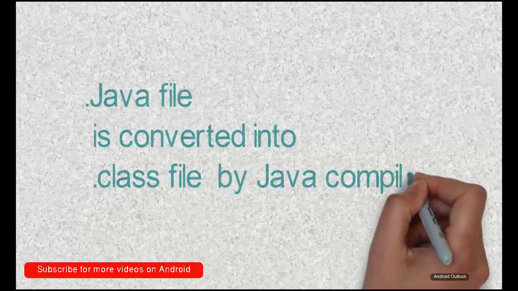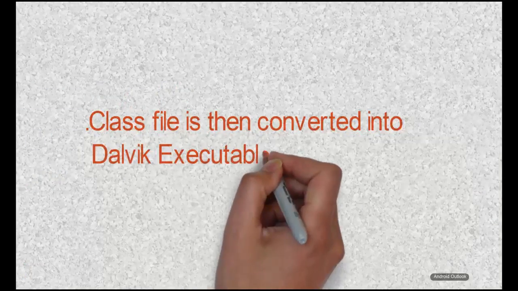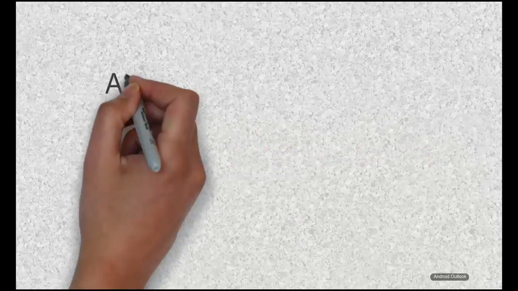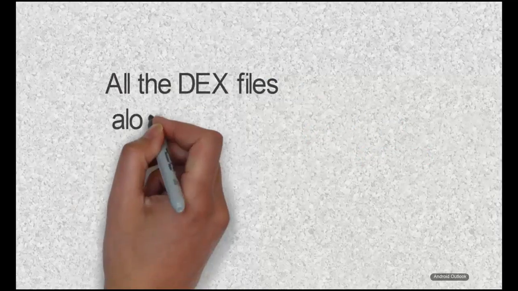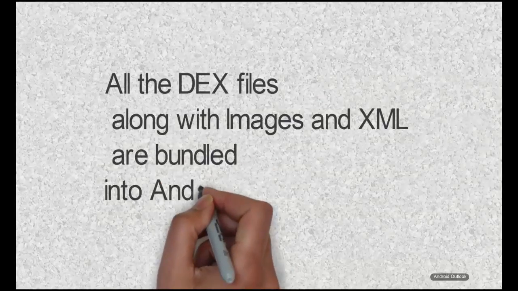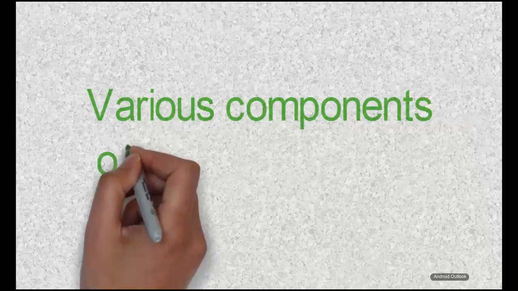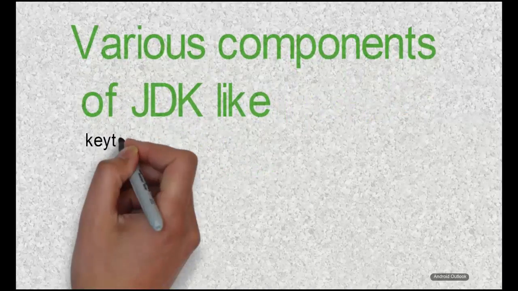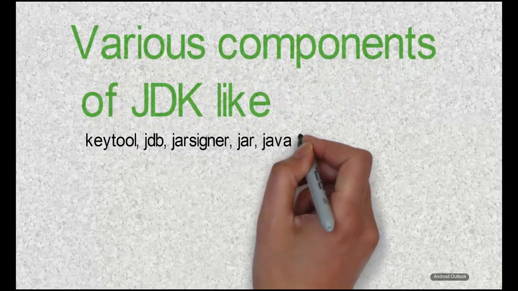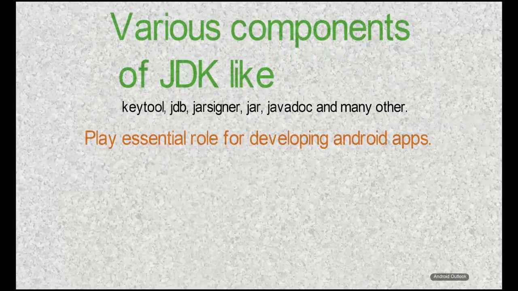The class file is then processed further into Dalvik Executable or DEX format to run on the Dalvik virtual machine. After conversion to DEX format, all the classes and resources like images and XML are bundled into an Android package, that is APK. Similarly, various components of the JDK like Keytool, JDB, Jarsigner, jar, Javadoc and many others play an essential role in developing Android apps.